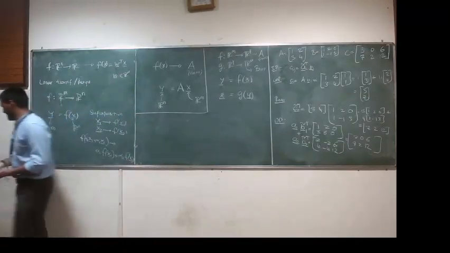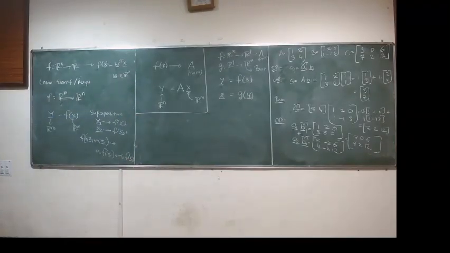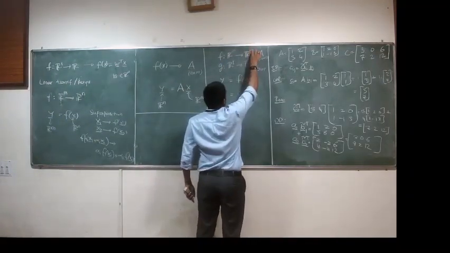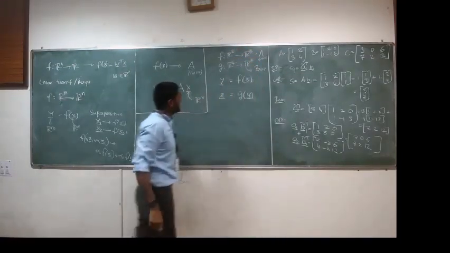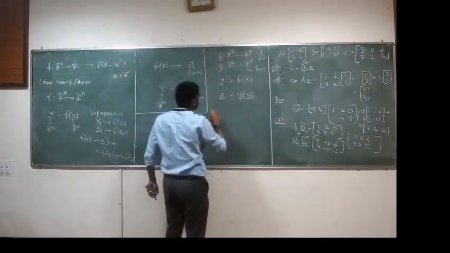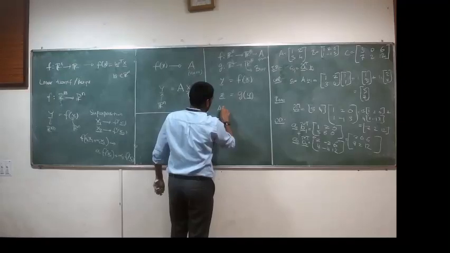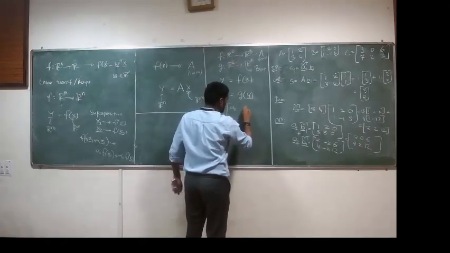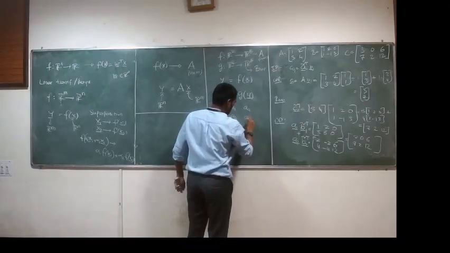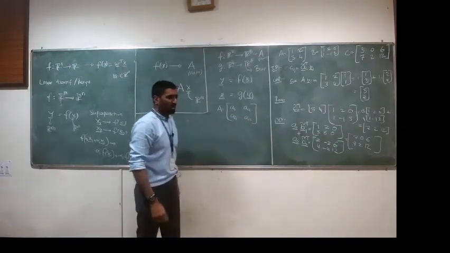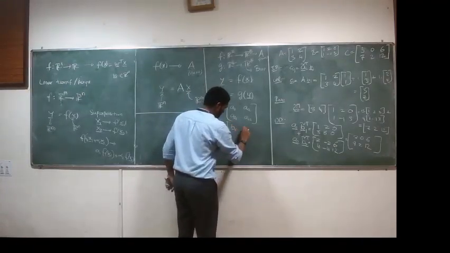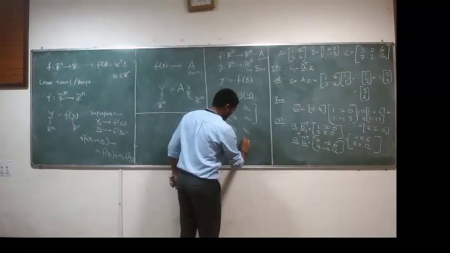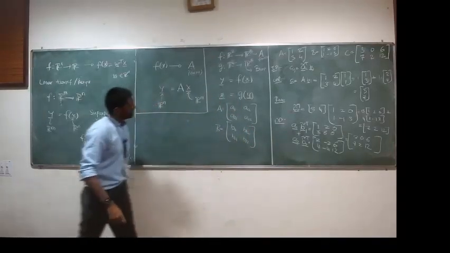Okay, for simplicity, let's say all of this is 2. The function f is represented by a11, a12, a21, a22, and the function g is represented by B, which is b11 and so on.